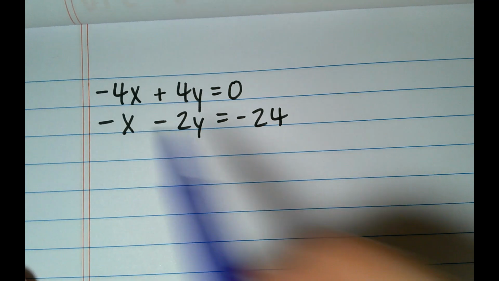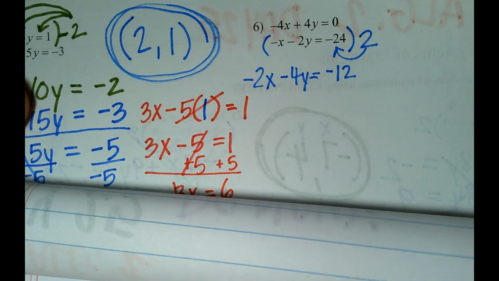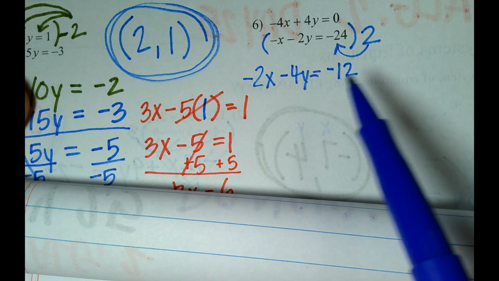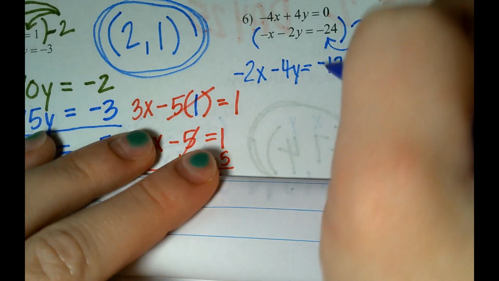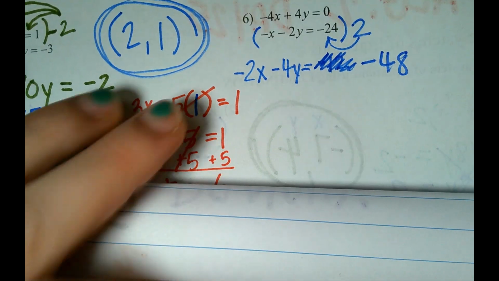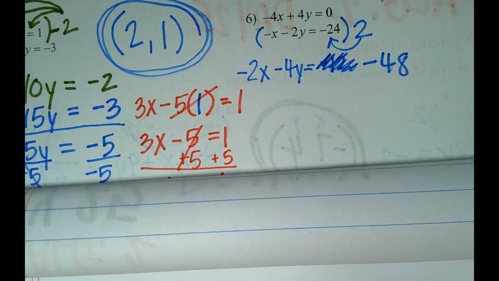Hold on, wait a minute. Negative 24 times 2 is negative 48, not negative 12. Girl, I'm losing it. Gosh, I'm like all thrown off now.